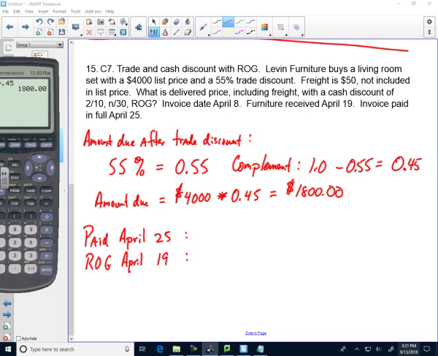Now again, we can do this in our heads, but humor me, we need to practice. The 25th is day 115, isn't it? And then the 19th is 109. You subtract that, you get 6 days.